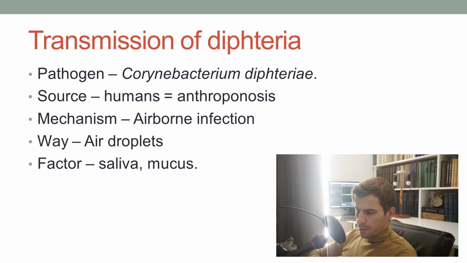Regarding transmission, the pathogen is Corynebacterium diphtheriae. The source of infection is human, so it is anthroponosis. The mechanism of transmission is airborne, so it is an airborne infection, and the way of transmission is air droplets.